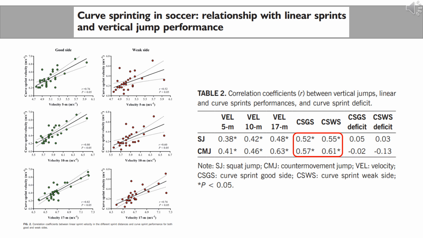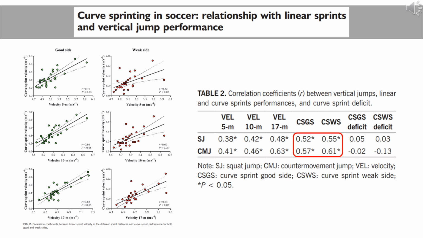So these 3 vertical graphs here with green individual data points represent the good side, the red points represent the weaker side, and the vertical axis is always curve sprint velocity, and that is being correlated against velocity at 5, 10, and 17 meters. And you can just about make out our R values here.